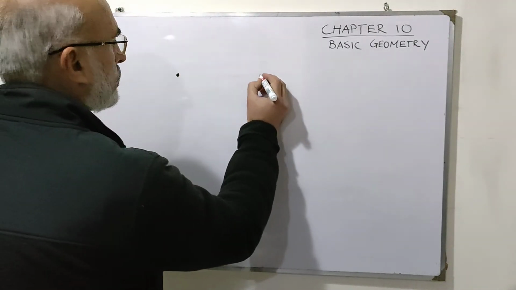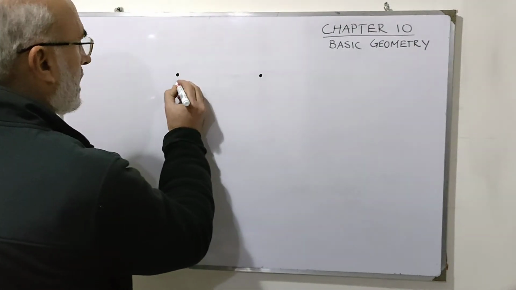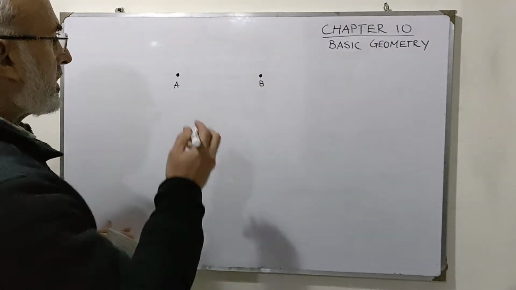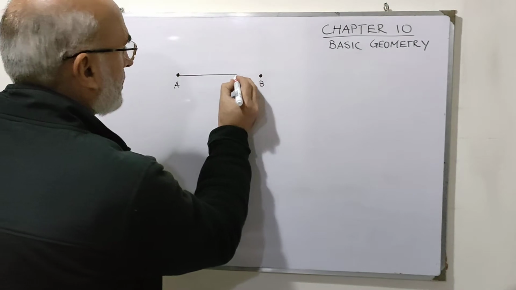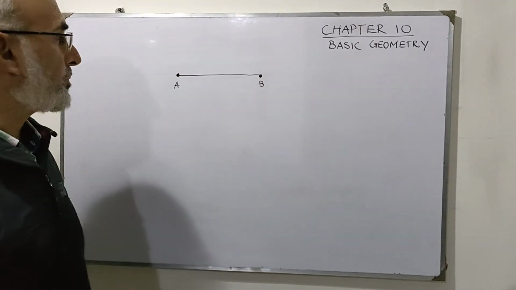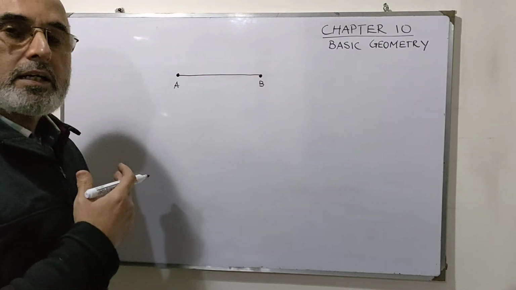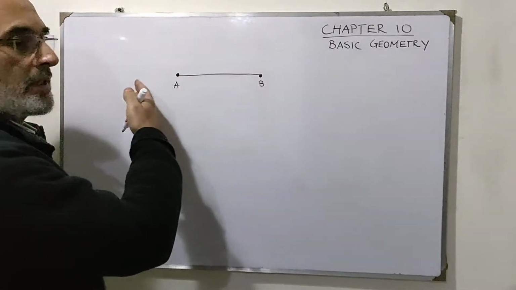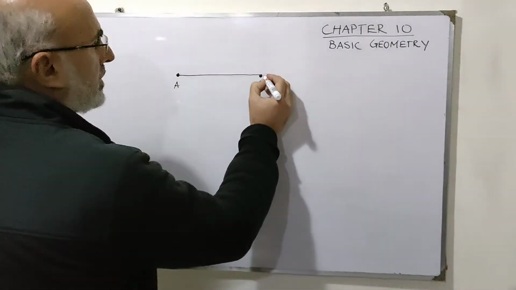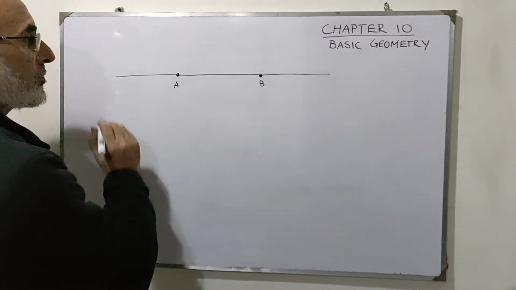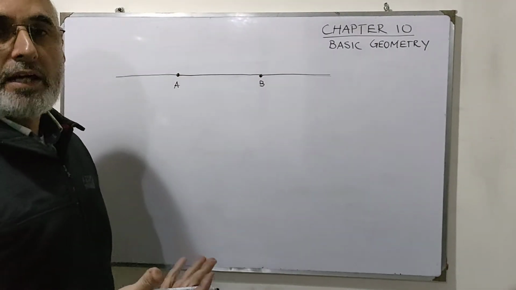Suppose we have these 2 points A and B. Obviously these are points, and if we join them, what do we get? A line segment, right? And this line segment can extend on either B side or on the A side, and if we extend like this, now it's a line, okay?